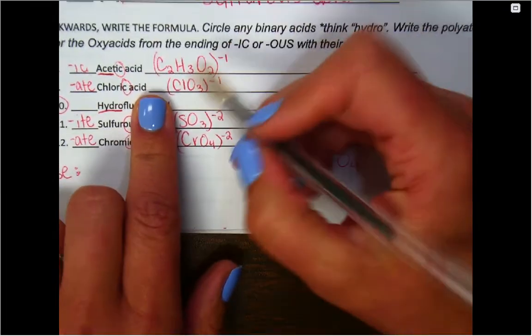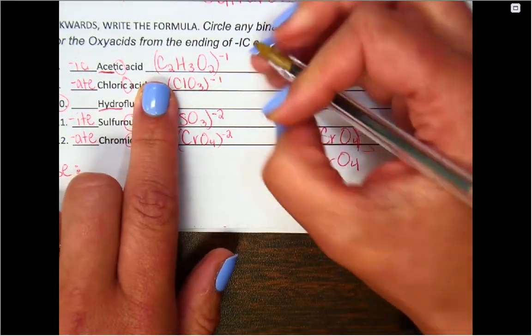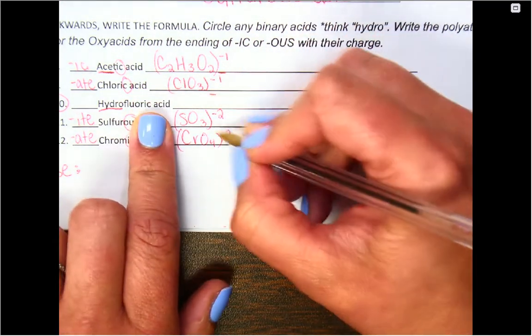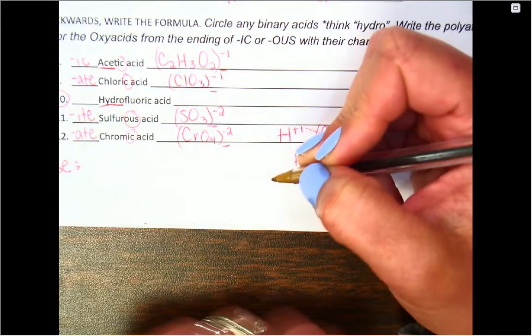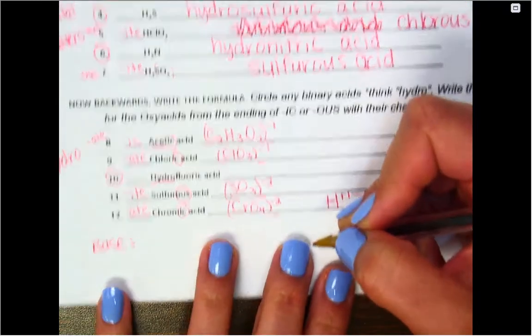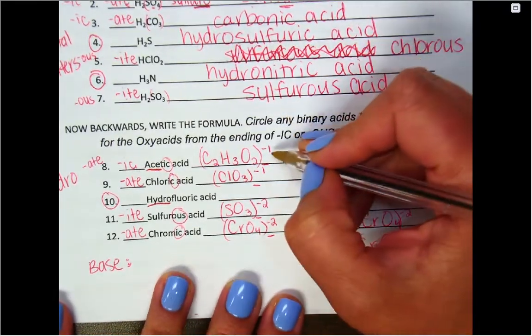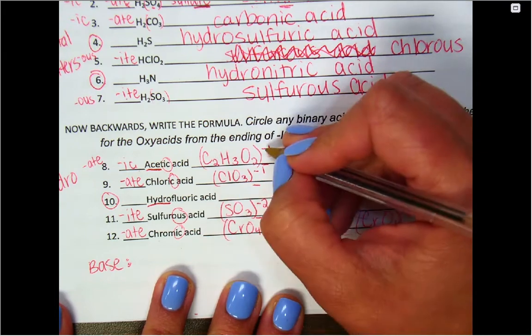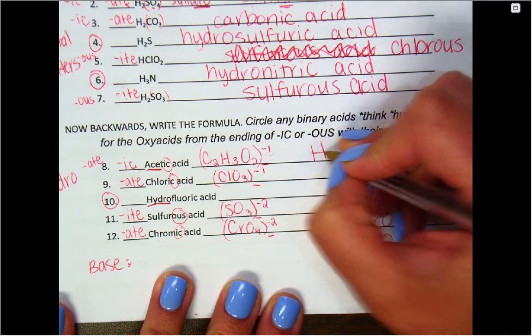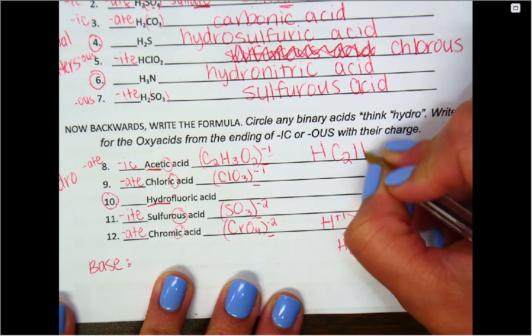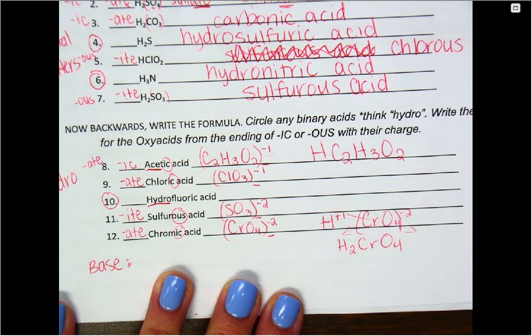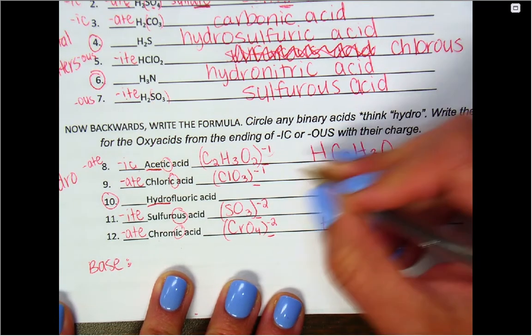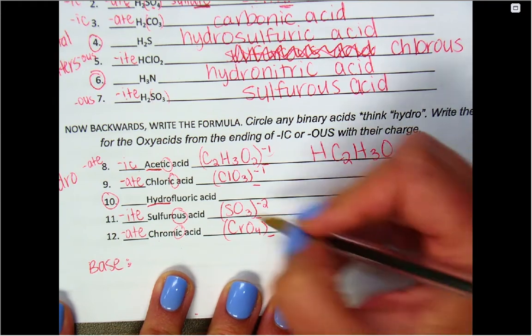So the good news is that you're never going to have a subscript to the side of any of your polyatomics. That's reassuring, all right? The only thing that's going to change is the charge will always be next to your hydrogen. So here we have a -1, so that means it's going to be H and then C2H3O2. That is acetic acid. That's vinegar, okay?